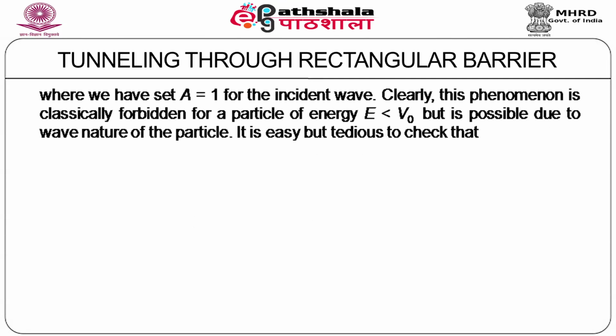So clearly this phenomenon is classically forbidden for a particle of energy E less than V0, but it's possible due to the wave nature of the particle, as I have already mentioned several times, because this is one of the most important points here.